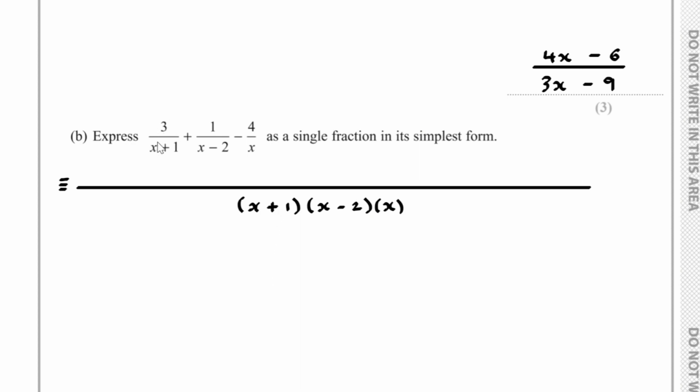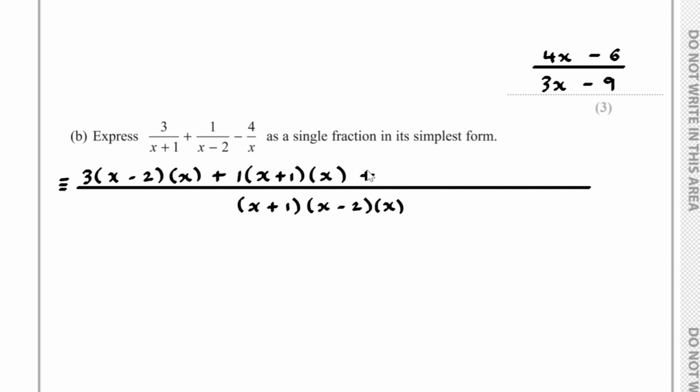And to maintain equivalence with the 3 over x plus 1, I need to multiply the 3 by x minus 2 times x, because this divided by this will give the 3 over x plus 1. And then I've got 1 over x minus 2. To maintain equivalence, I've got this 1, and then I need to multiply by x plus 1, and then x, because the x plus 1 and the x's cancel, leaving me with 1 over x minus 2.